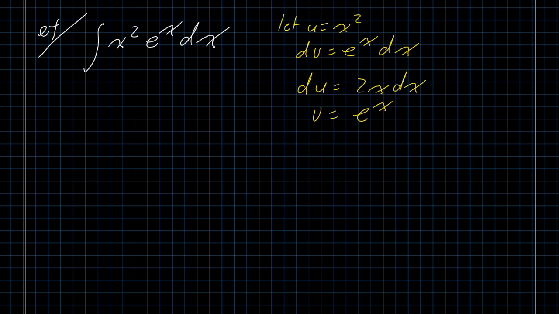So we've got u times v, that's x squared e to the x, minus the integral of v, e to the x, times du, 2x dx. And wait a second, this isn't as nice as the ones we've been working on. I don't know how to integrate 2x e to the x dx.